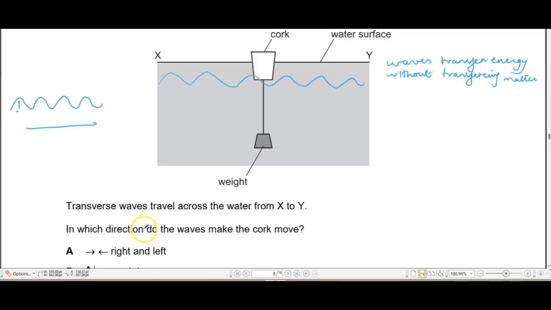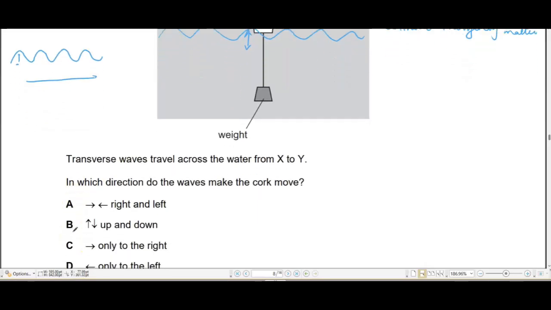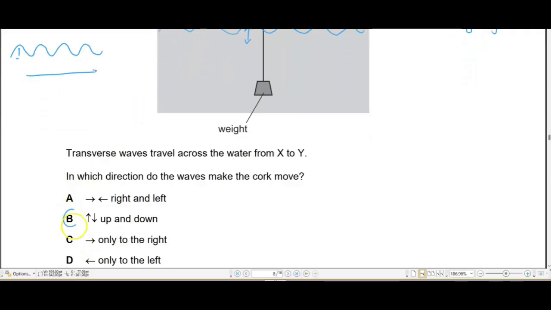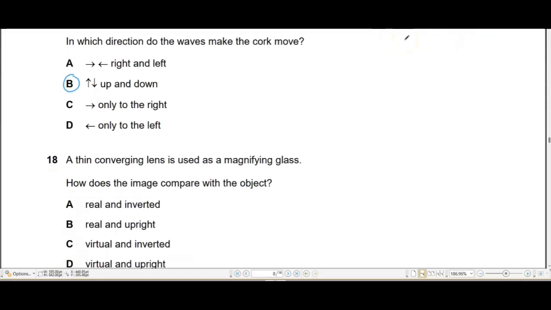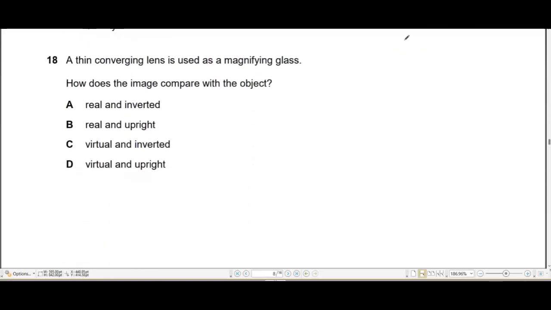So the direction of the cork would just be up and down when this wave passes. The wave is not going to transfer the matter, it is just going to transfer energy. So B is going to be our correct option for this because of the logic I've just presented. Okay?